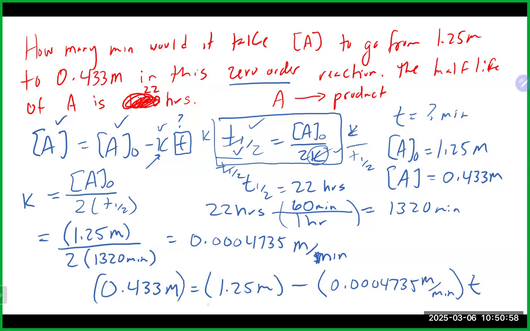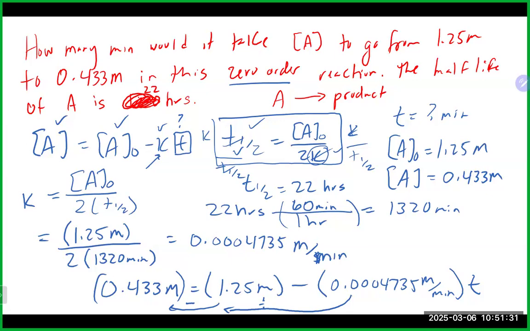So again, I'm going to take this guy to the other side and subtract. Then I'm going to come back and divide that guy to the other side along with a negative. So I'm going to go 0.433 subtract 1.25, hit equals, divided by our K. Actually, I'll just use the whole number that's in my calculator there, and we'll divide that by 0.000474.